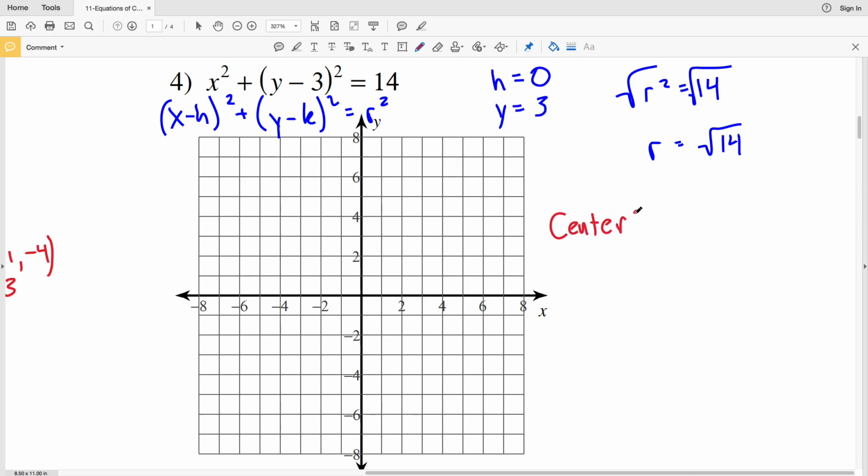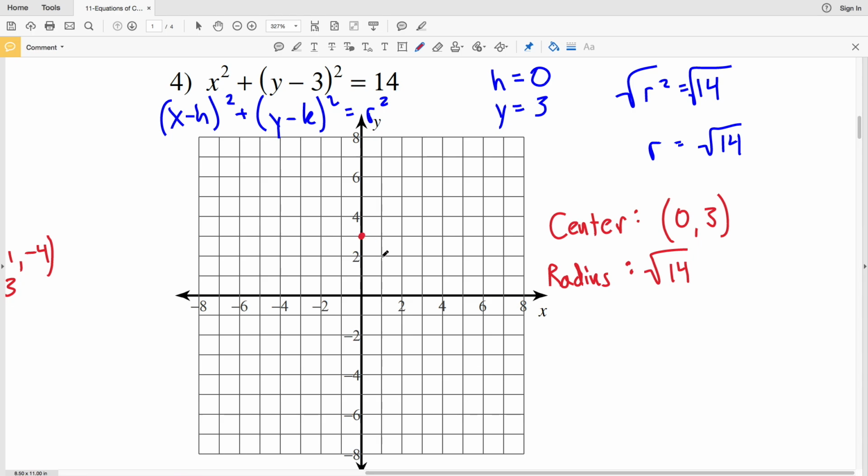So the center of our circle is at 0, 3, and the radius is the square root of 14. Plotting 0, 3, staying on the y-axis and moving up 3 is our center.